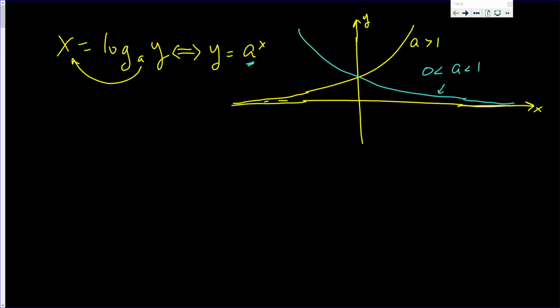And in both cases, if x is 0, a to the 0 is 1, provided that a is not 0. And a is not 0 because it's bigger than 1 or because it's bigger than 0. Either way, it's bigger than 0. So it turns out that you're always going to have the point (0, 1).